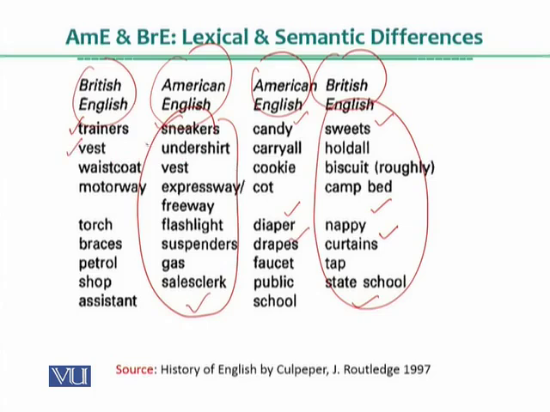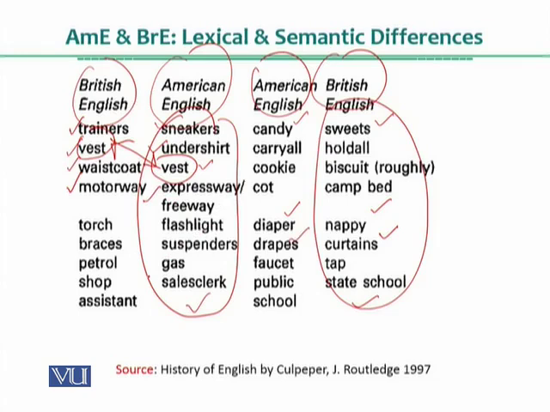Vest, which is undershirt in American English, whereas waistcoat, this is interesting, is a vest. So the meaning of vest differs in both of these varieties. Motorway is British, whereas expressway or freeway is the American choice. Torch and flashlight, respectively, are British and American, and so on and so forth.